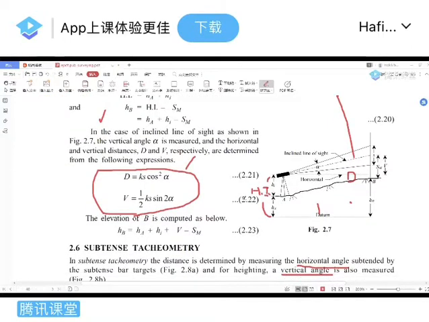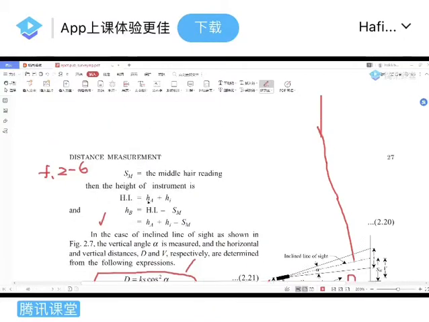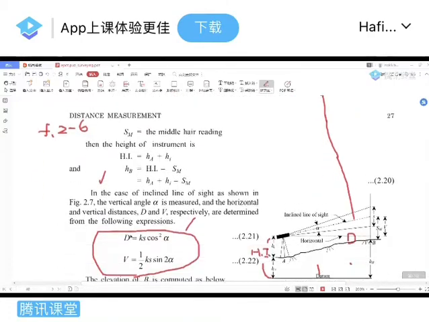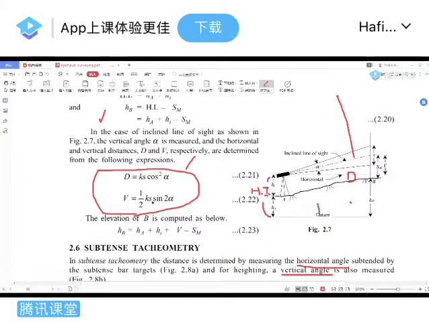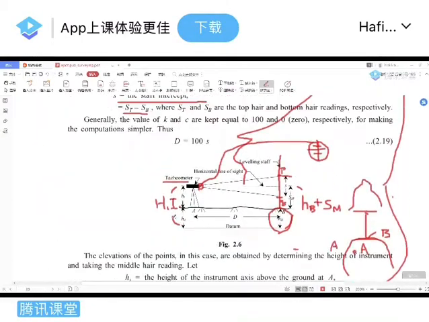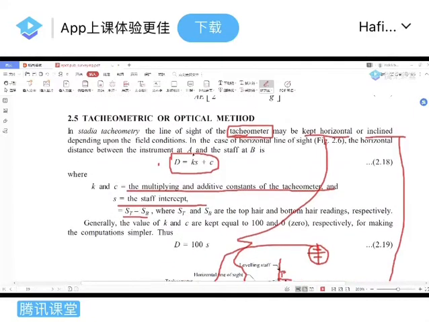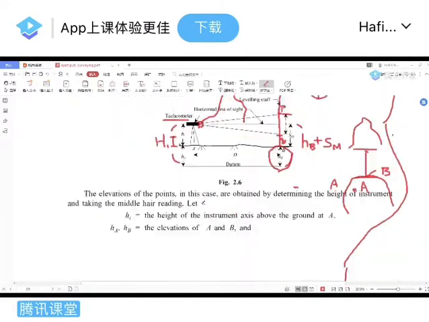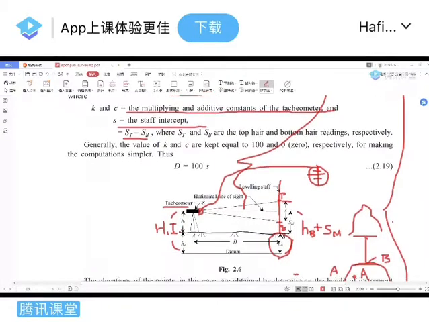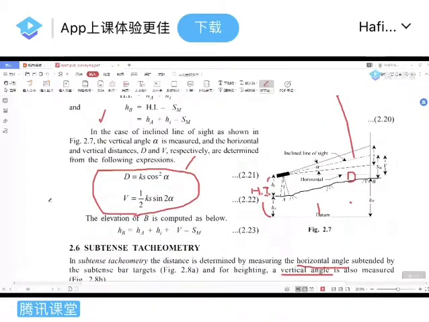In principle, V is this formula, and alpha is okay. We know alpha. K is the intercept, the sub-tense intercept. But K, no idea. So even if they give you V this way, you still cannot do the calculation unless they give you the information about K. I haven't seen any information about K, so we just leave it as it is.